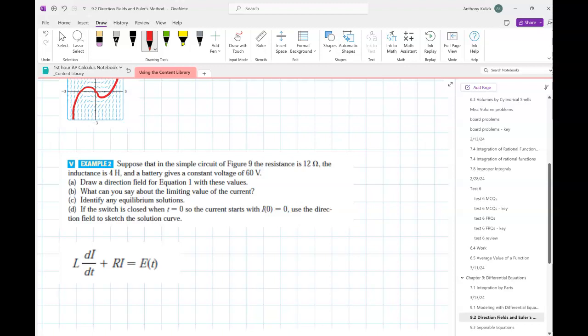Inductance is L, so that's a 4. Resistance is R, so that's 12. And then E, energy, is like our voltage.